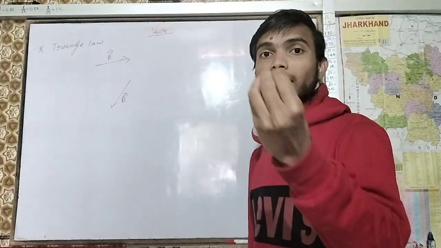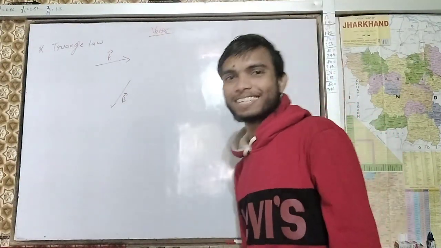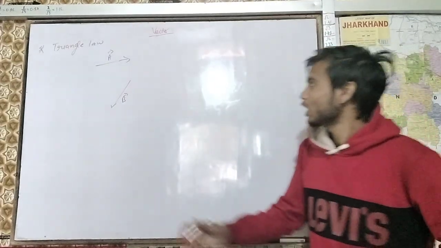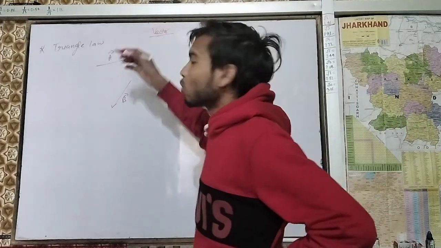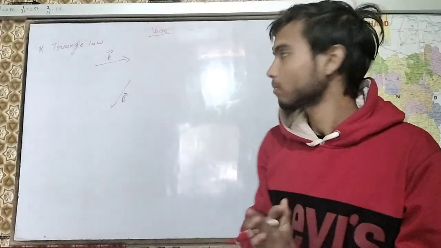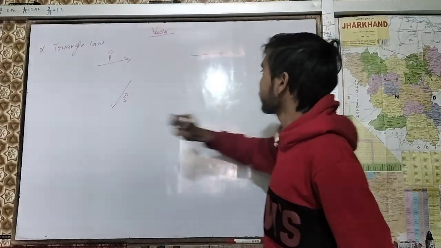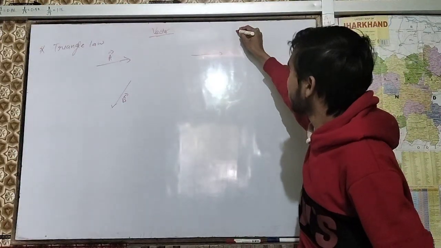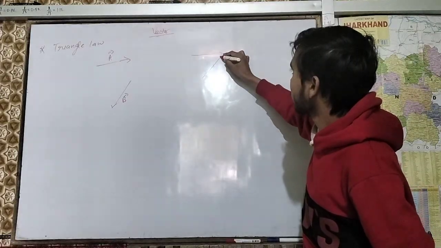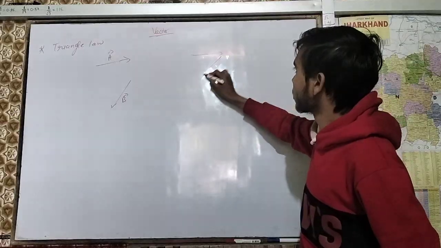Now we can use the shifting method. Any of these two vectors you can shift to connect them. For example, we are shifting this, so it will go like that.